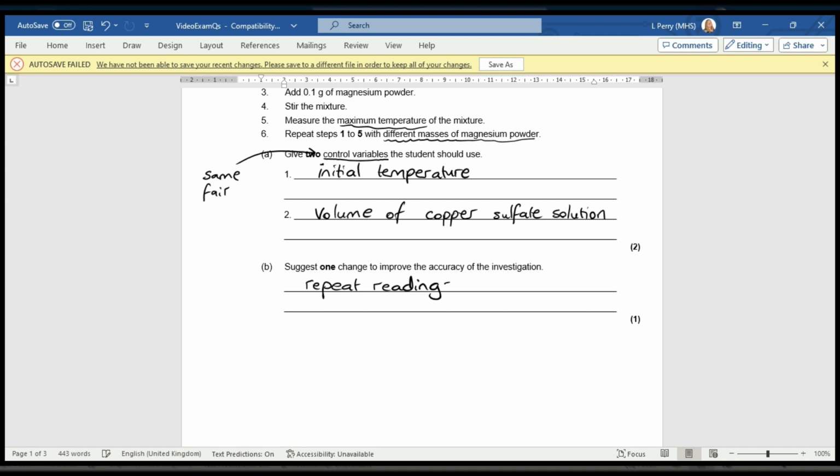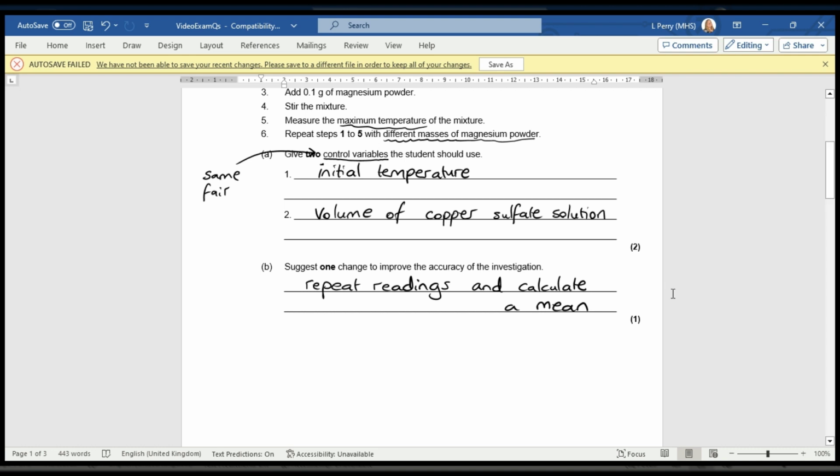Now, putting repeat readings on its own will not get you a mark. It's not enough. You've got to say what you would do with the repeat readings. So, and calculate a mean. You can never just put do repeat readings. It's got to be do repeat readings and calculate a mean.